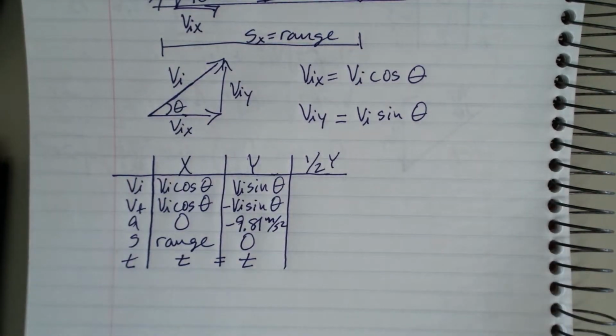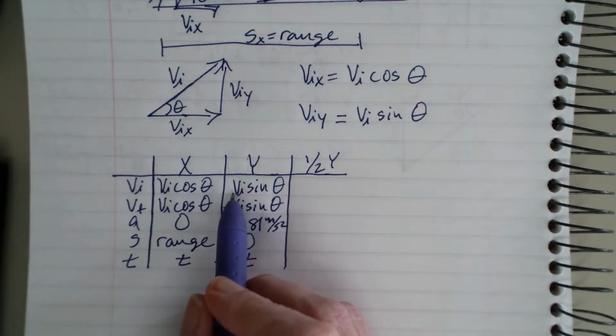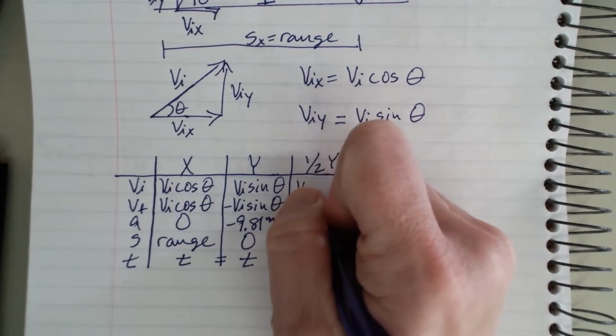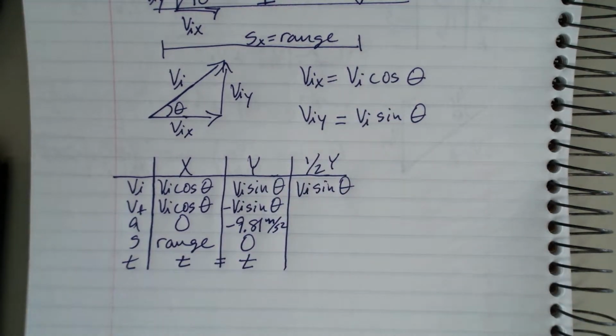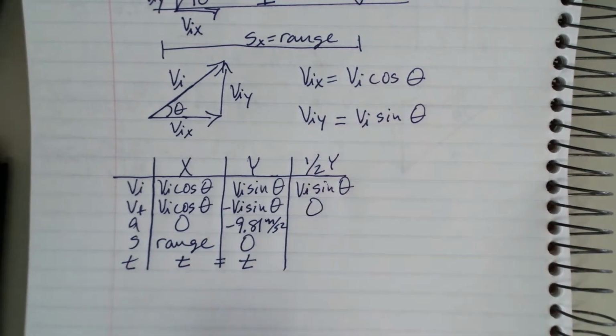So for the half y, your v initial is the same as it is in the y, so it's VI sine theta. But at the top of any arc, for a split second, it stops before it changes direction to come back down. So your v final is 0. Your acceleration the entire time, whether it's at the bottom, the top, on its way back down, halfway through, it is always negative 9.81. Gravity doesn't change unless you jump off the planet and go to another planet.